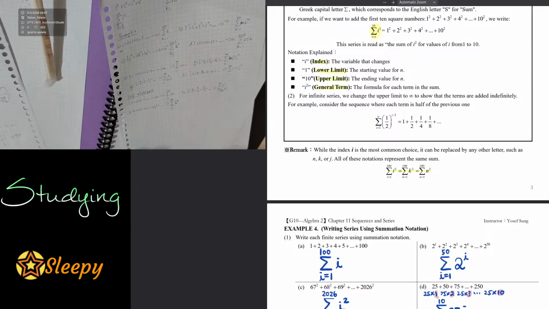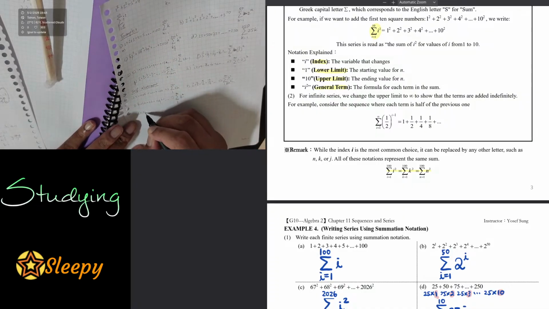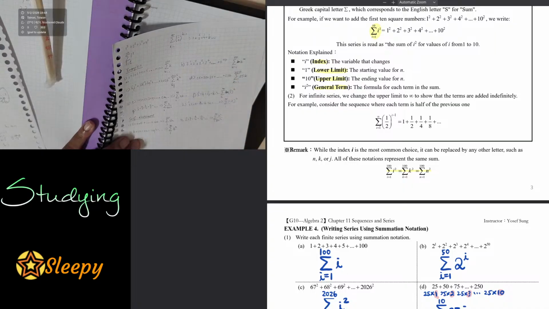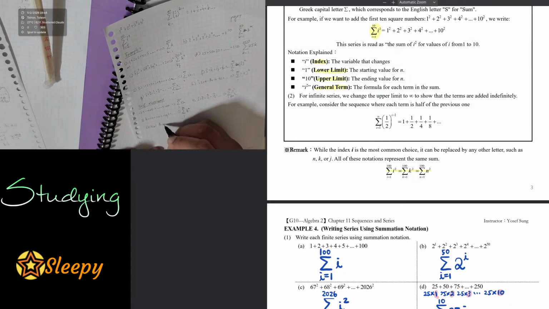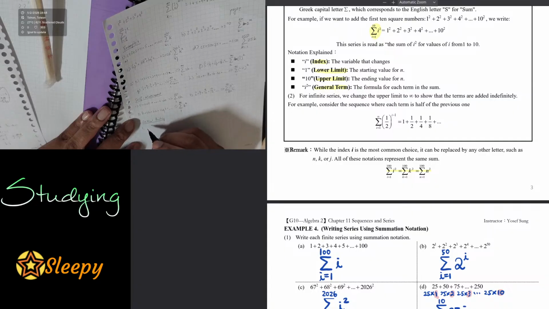Critical thinking. Use the diagram to determine the sum of the series. Explain your reason. So it's 1, 3, 5, 7, 9. The sum of the series, right?